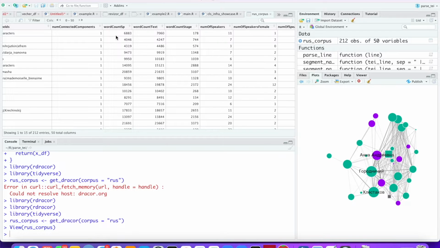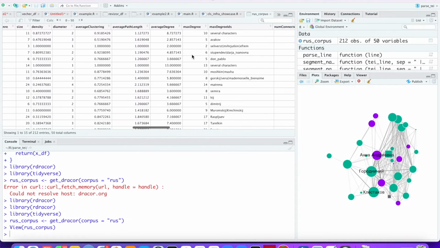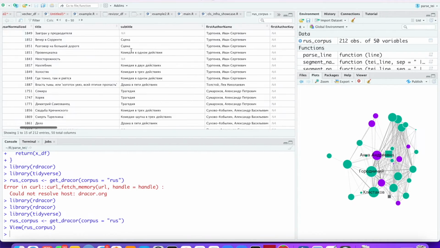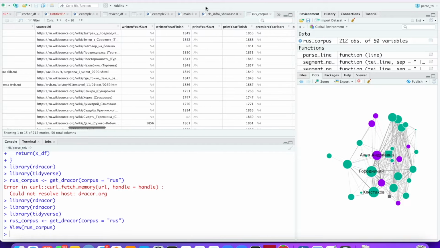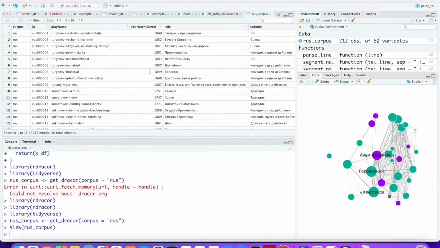You can find the total number of words in a play for spoken text and for stage directions, or together, the number of female and male speakers, and so on. So you can see many columns here, so you can get whatever you want and do some simple analysis for the whole corpus or for several corpora.